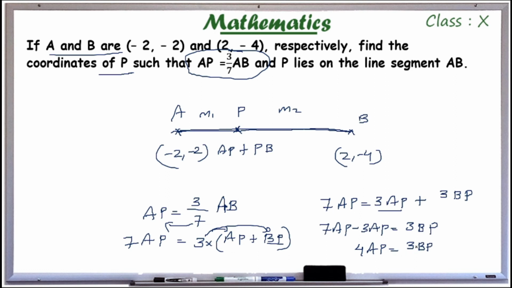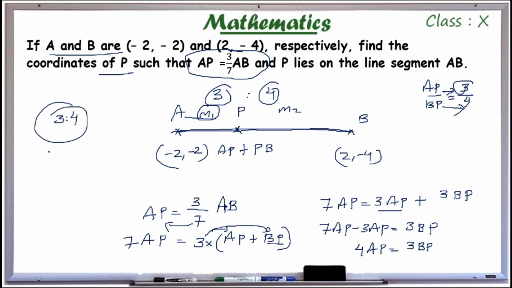Simply divide BP to the left side and 4 to the right side. I get AP by BP is equal to 3 by 4. So the ratio is 3:4, because AP maps to 3 and BP maps to 4. So I get AP is equal to 3 and BP is equal to 4. So the ratio is 3:4.